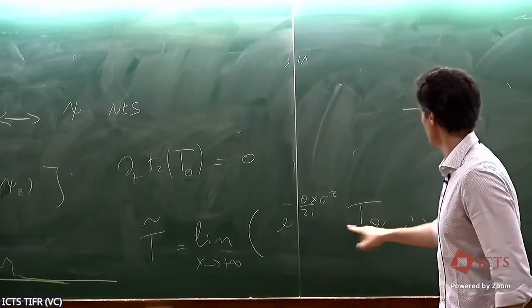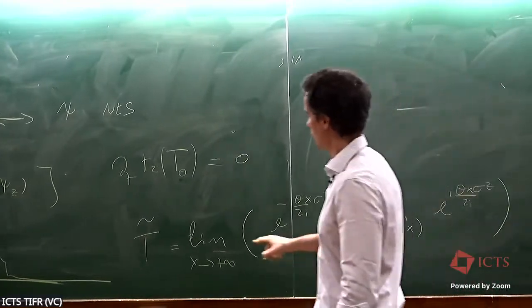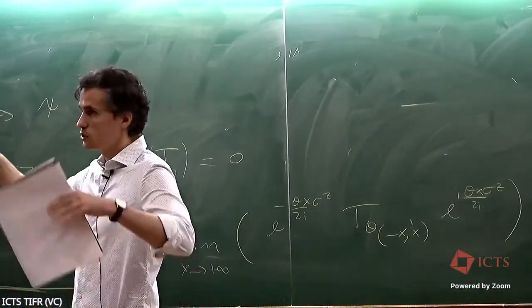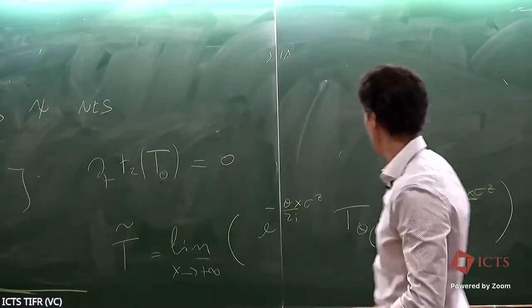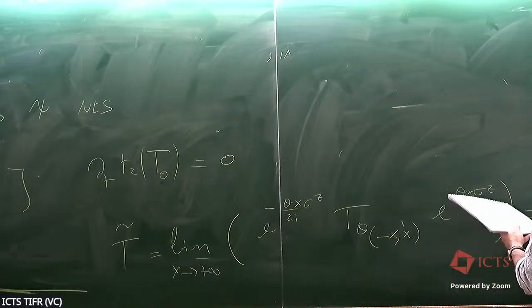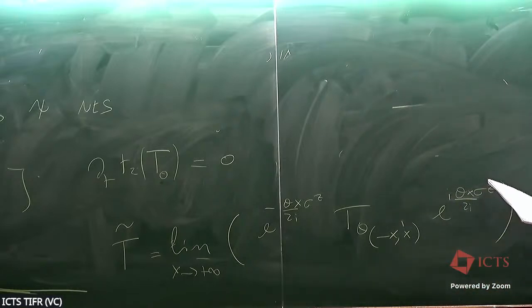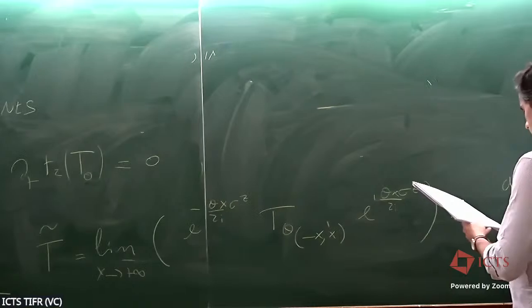This extra term is just to ensure that the transfer matrix goes to a finite value at large space and does not keep on oscillating. And this, you can parameterize as the following.